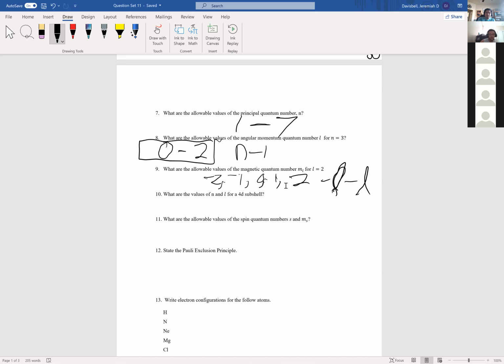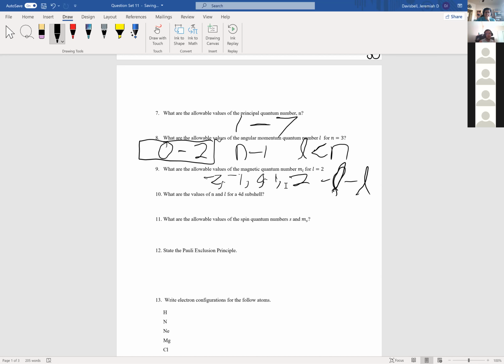Oh, did you have a question? Sorry, I have a question for number 8. Okay, what's up? I was just wondering, why is it 0 to 2 and it's not just 2? So for 8, it's asking what are the allowable values. So basically, the way that we see it is that L needs to be less than N. So it can't be N for sure.